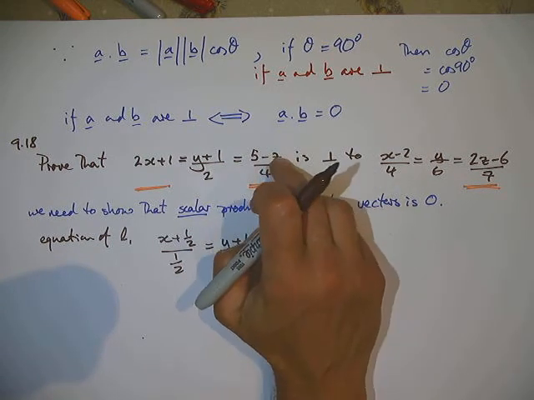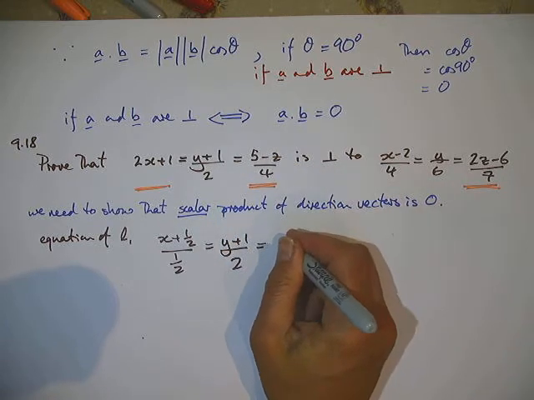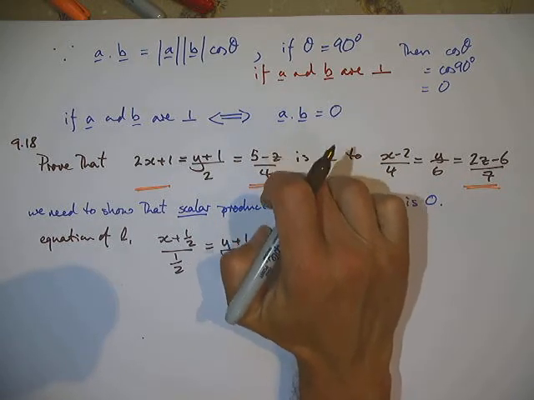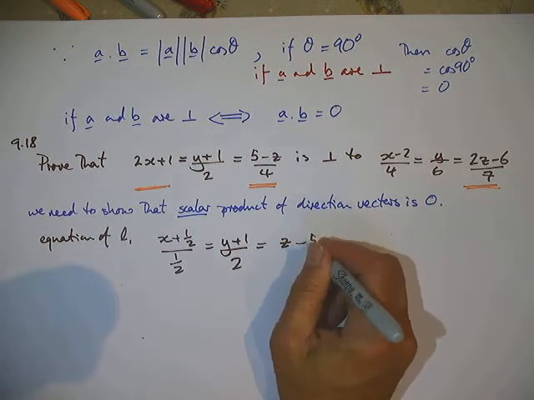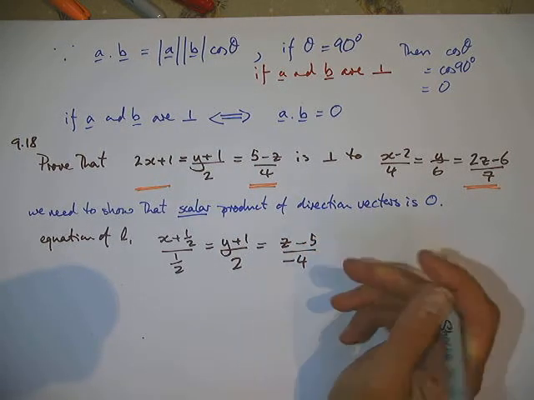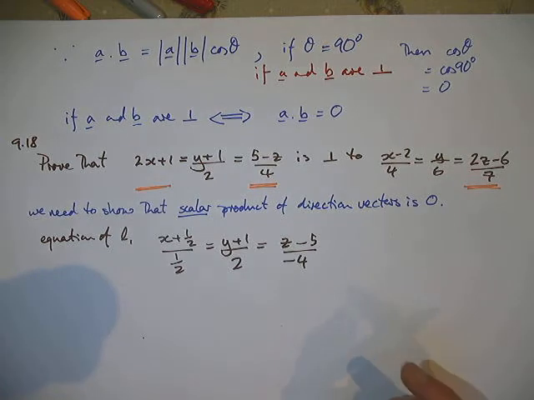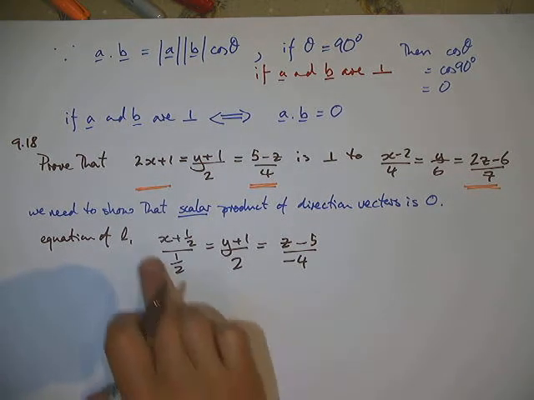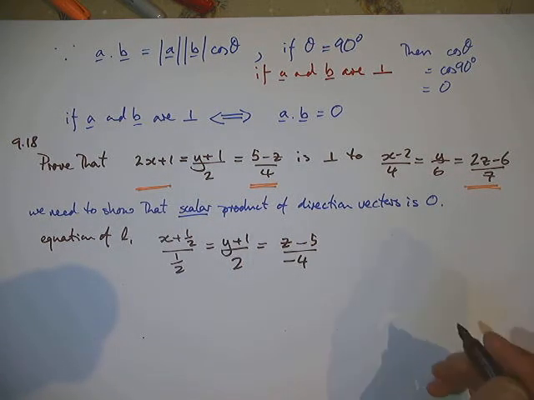And equally I want z plus or minus something, so I need to multiply top and bottom by minus 1. z take 5 over minus 4. Those two things are exactly the same equation, but now it's in the proper format for the Cartesian form.